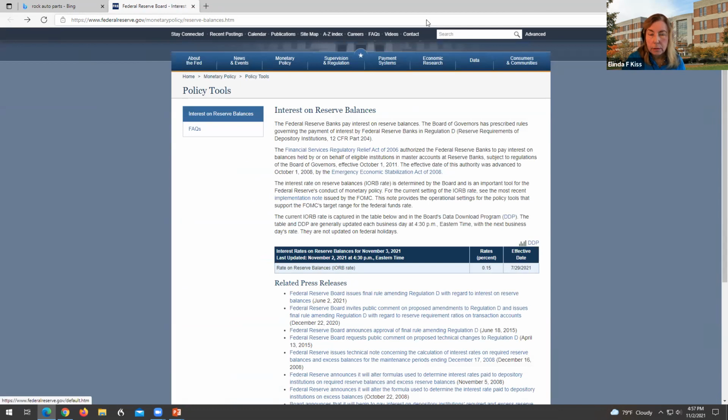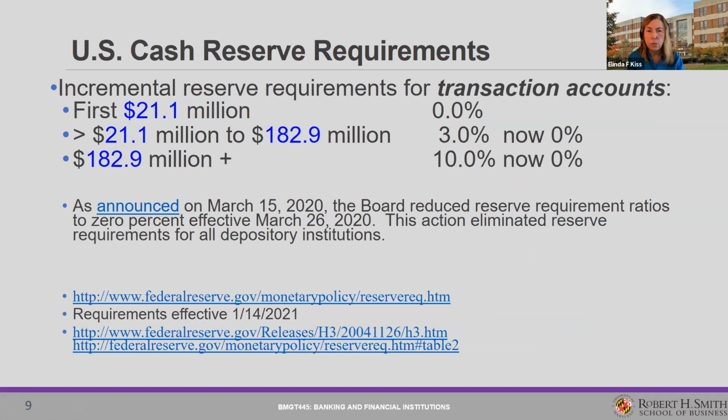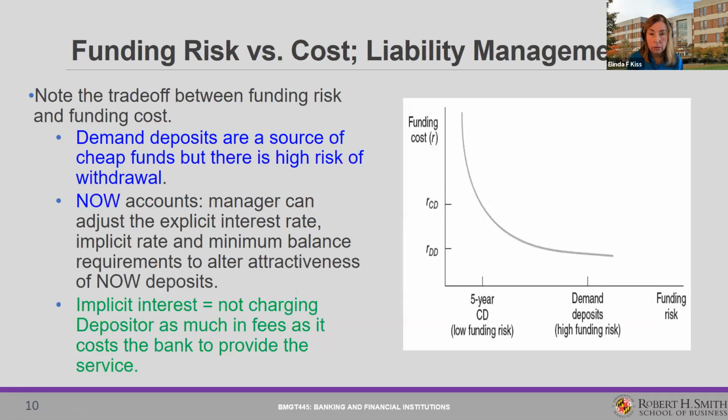Now I am going to go back to a new share and go back to my PowerPoint. So this was the reserve requirements, and it was 10% essentially, but now it is 0.